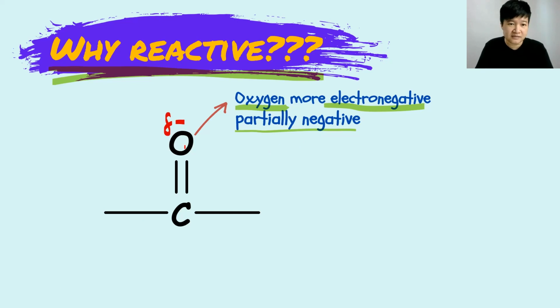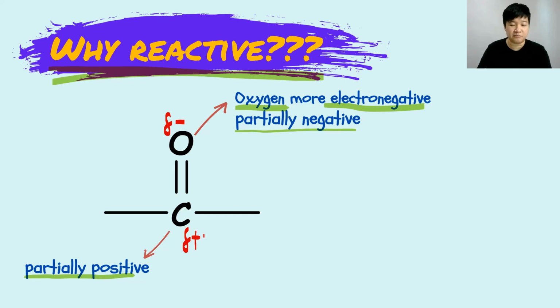Partially negative means the electron will be moving towards the oxygen. Therefore, your carbon will then be partially positive. Why will your carbon be partially positive? Because the electron right now will be more on the oxygen, because your oxygen is more electronegative. Causing a partially positive and a partially negative end in the C double bond O.